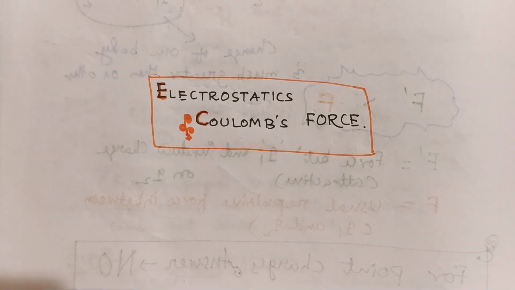Keep in mind the formula is F is equal to beta q1 into q2 by r square. And the beta value changes if the medium changes. In the SI system beta is 1 by 4 pi epsilon 0. In the CGS system beta is 1.